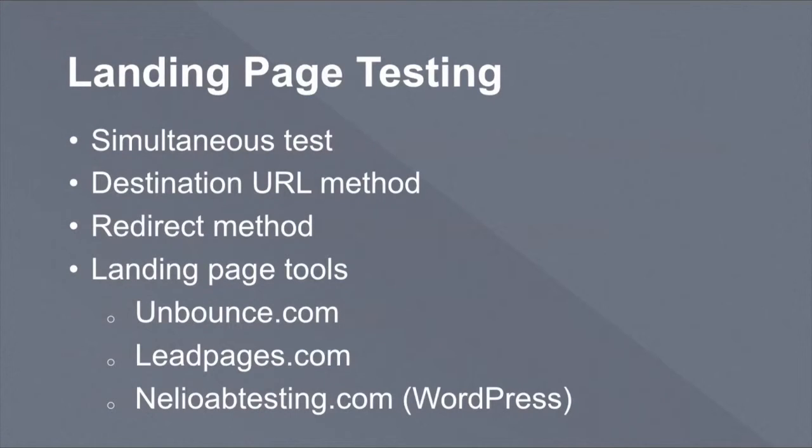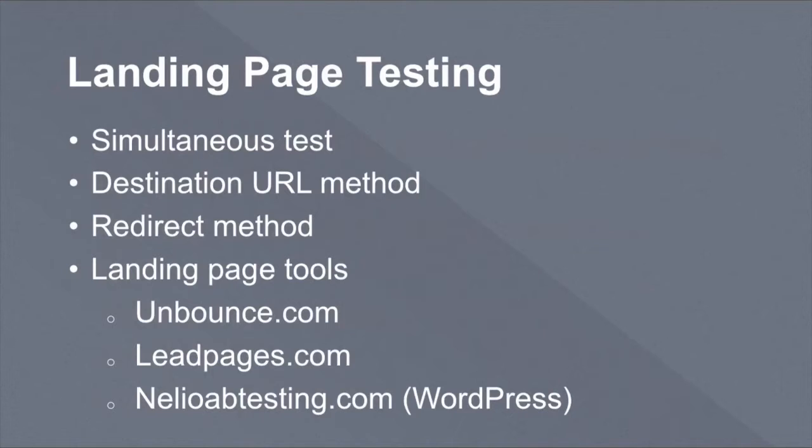The landing pages, we can do simultaneous tests, and there are two different ways we can do this. So I'm just going to make everybody aware of these now. We can, in our ads, have one ad with one destination URL, so destination URL for the web page that we're going to send traffic to. We can then use a tool like Unbounce or Lead Pages or Nelio A/B testing for WordPress if you're a WordPress user.